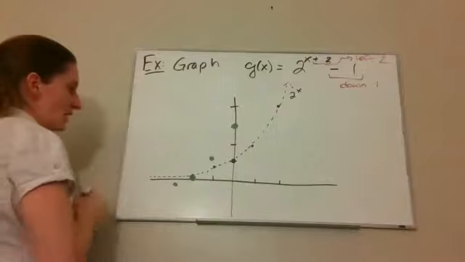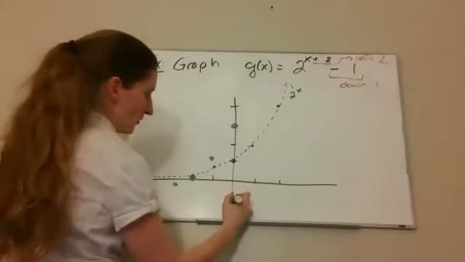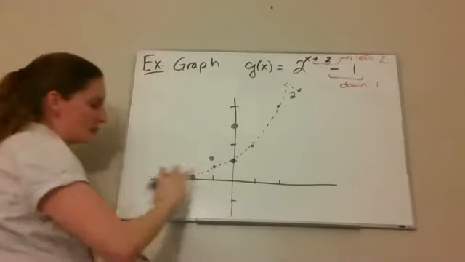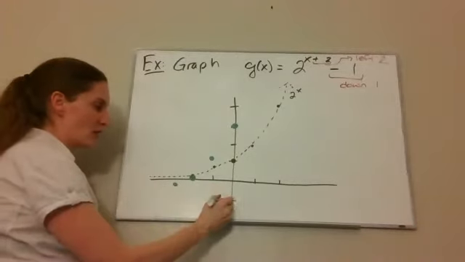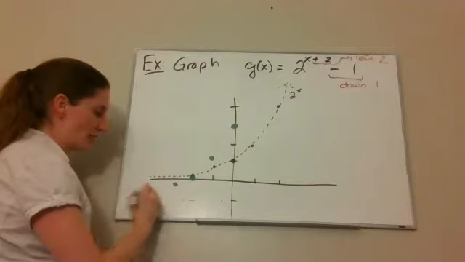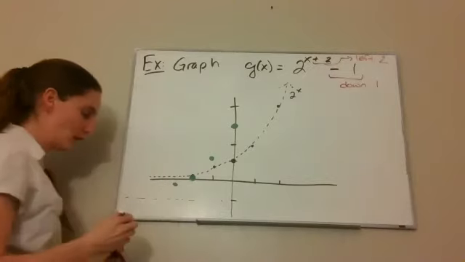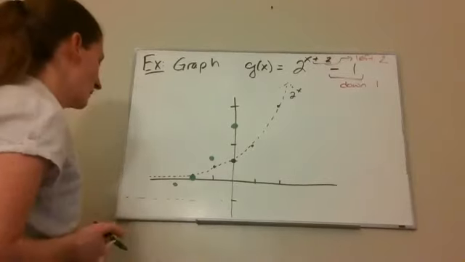So I only really put that one there to try to show what's happening to our asymptote. Our asymptote before was at y equals 0. Since we're shifting down, our asymptote's going to shift down 1 spot as well. So it's going to be at y equals negative 1.